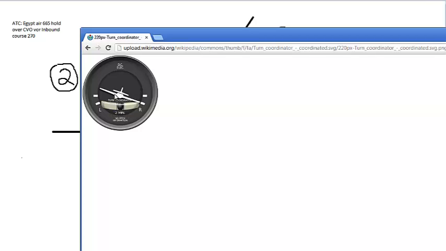So when you turn your aircraft, the symbol of the airplane here will be banking to the right or to the left. If the wingtip matches with this dash on the right, then you're flying a standard rate of turn, 360 degrees in 2 minutes.